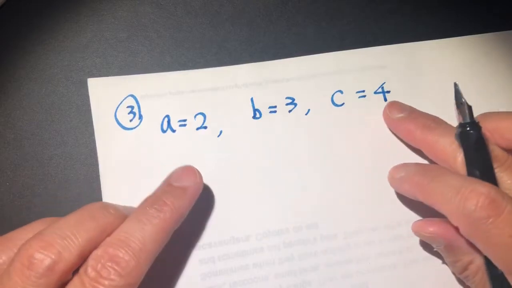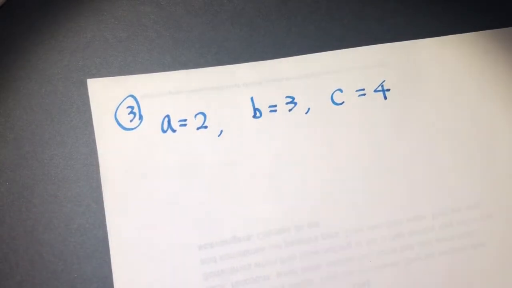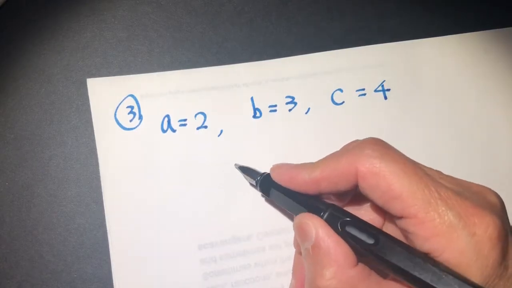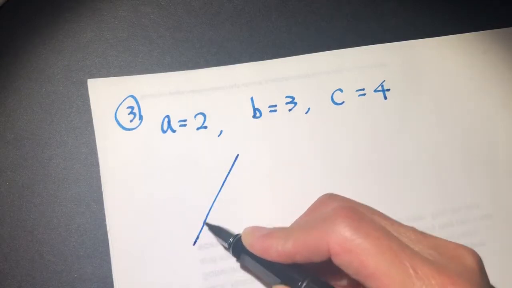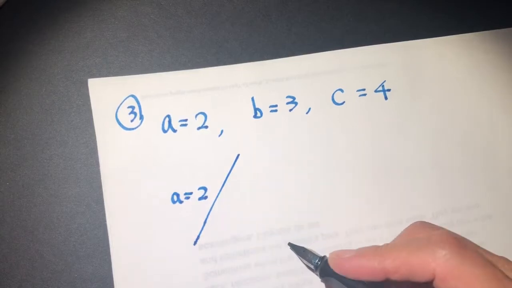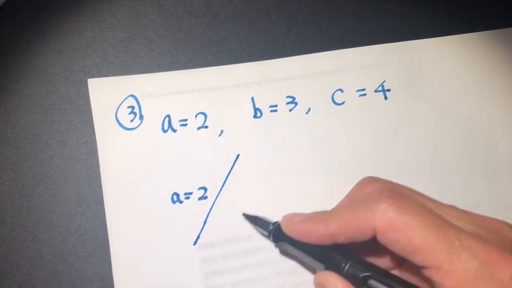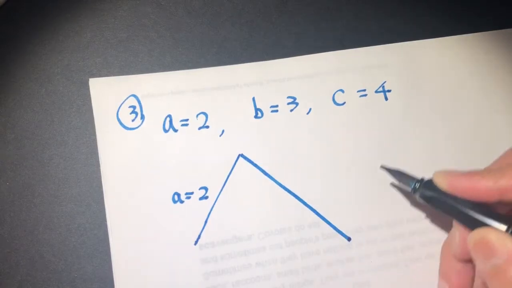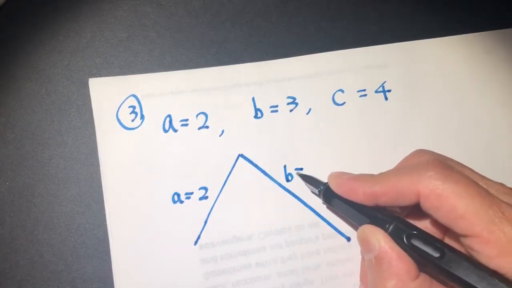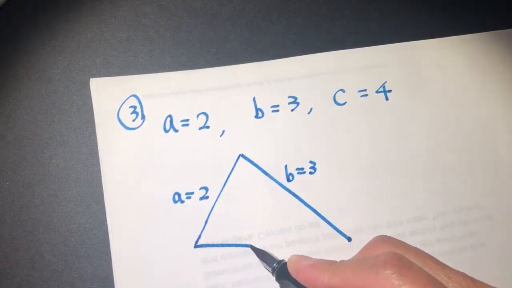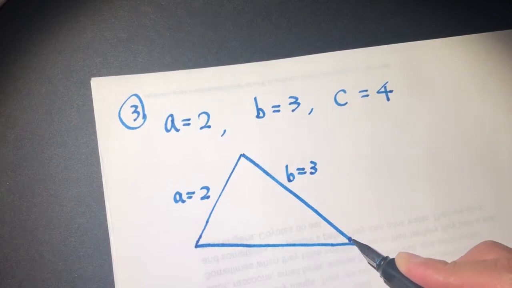So we have 3 sides given. To begin with, we will need to draw the picture. We have one side, A equal to 2, and another side, B equal to 3, and the last side, this should be longer.